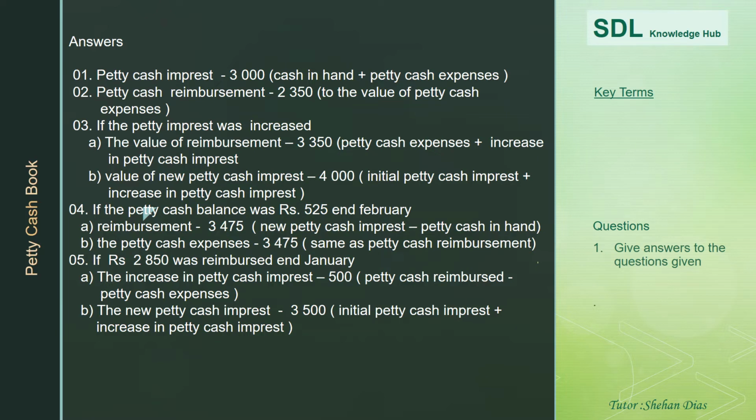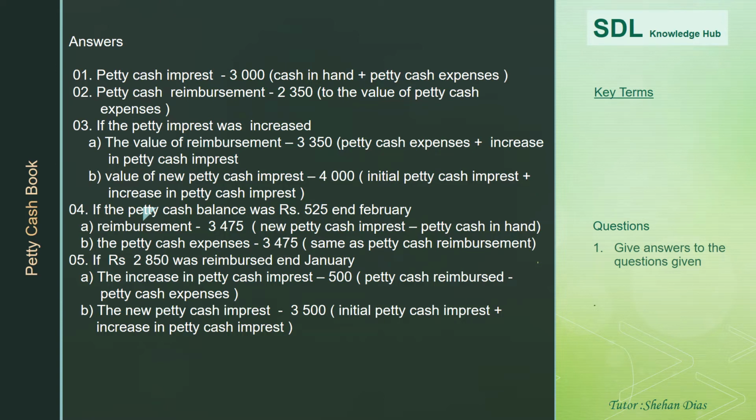The new petty cash imprest is 4000. Then the petty cash expenses for the period will be the same as the petty cash reimbursement because there is no increase, which is 3475.